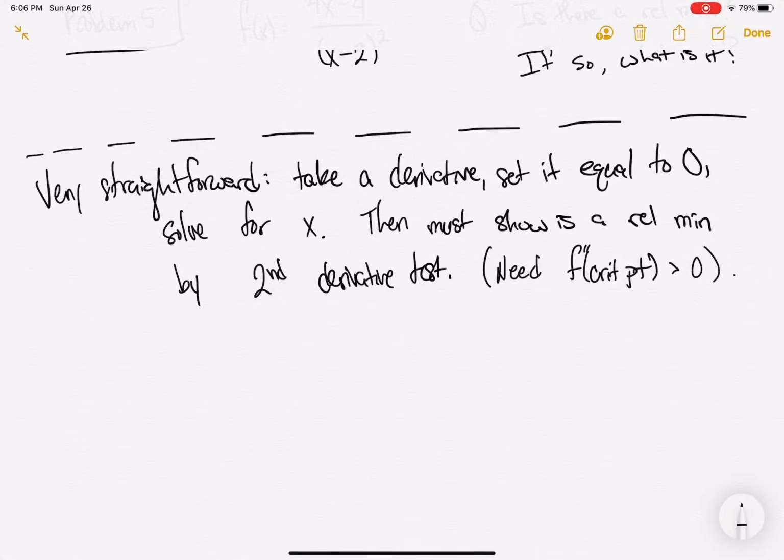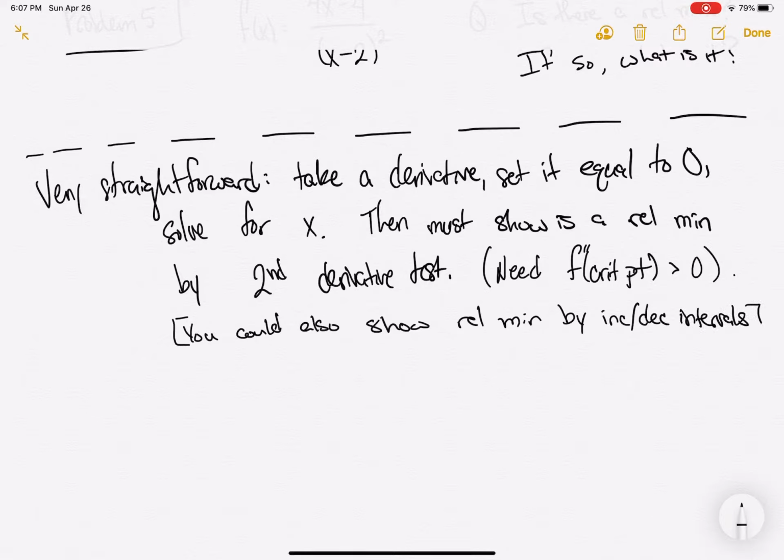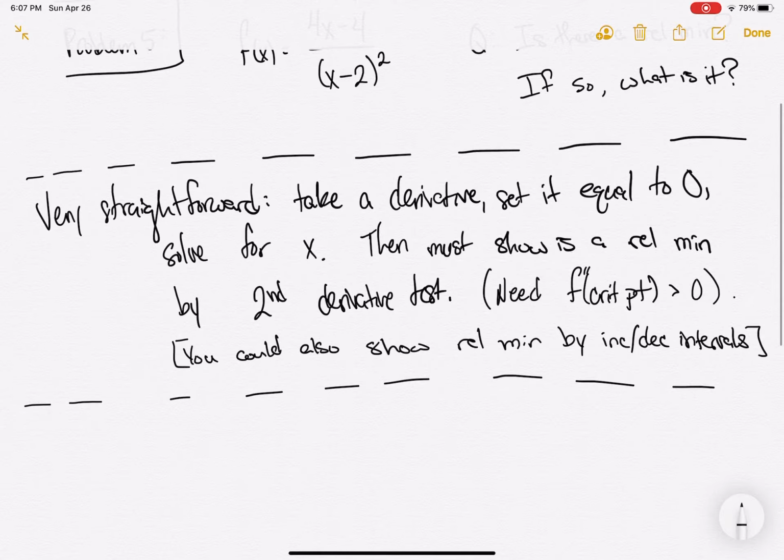You could do increasing, decreasing intervals if you want, but I don't. I just don't like it as much, so I won't do it. I don't think you should if you have the second derivative test at your disposal.